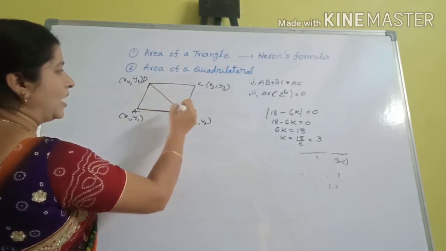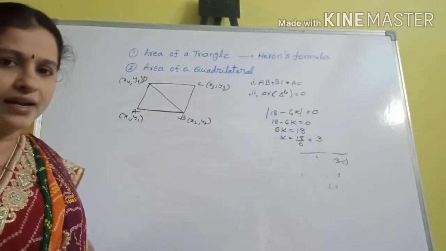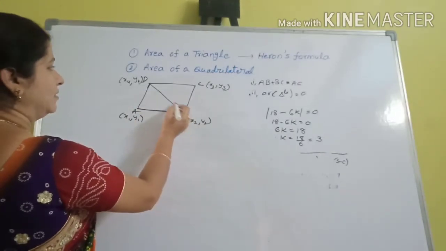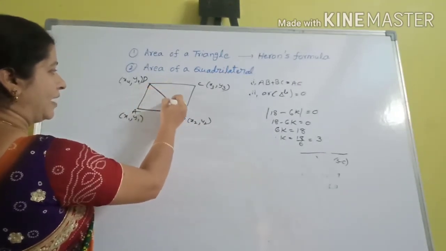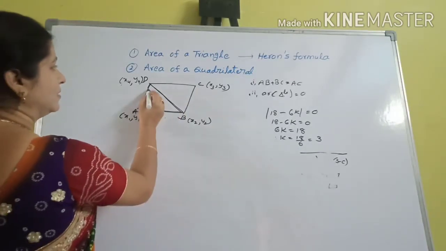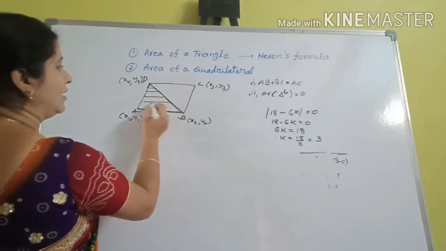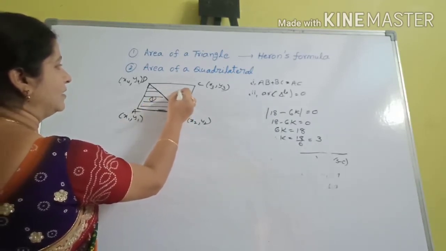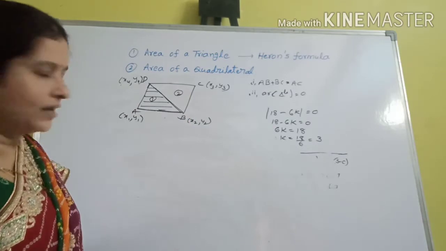It has 2 diagonals. Every diagonal divides the quadrilateral into 2 triangles. This is the first triangle and this is the second triangle.